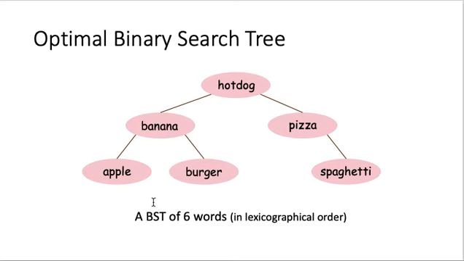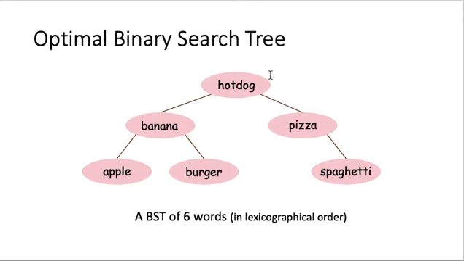For instance, there are 6 words that we have, representing some food, and this is a certain binary search tree for these 6 words. We assume that they are arranged in lexicographical order.